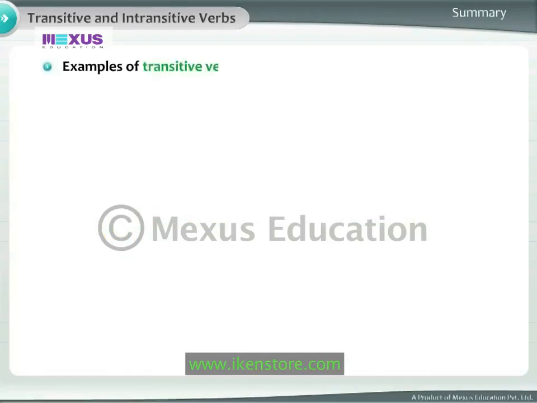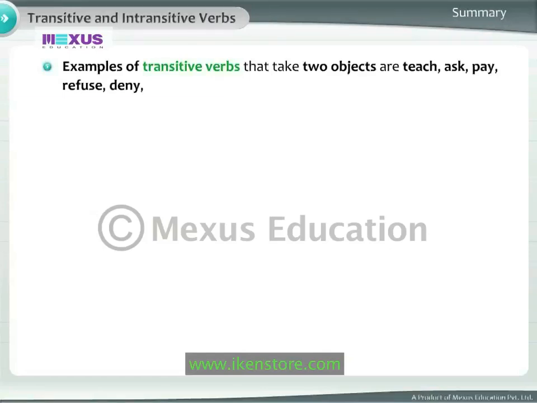Examples of transitive verbs that take two objects are teach, ask, pay, refuse, deny, offer, promise, tell, show, give.